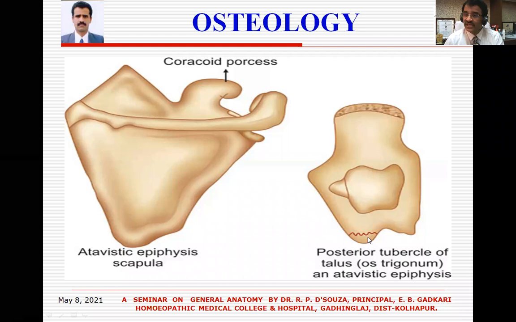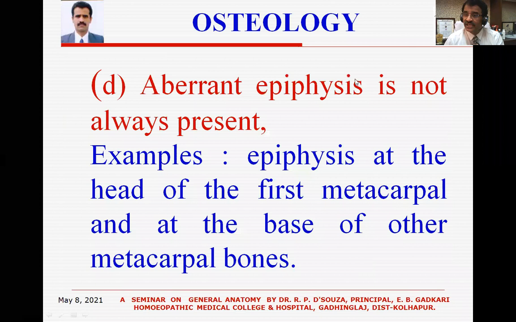This was actually a separate bone, but now it is getting fused with the talus. So it is called os trigonum, and it is also an atavistic epiphysis. These two examples are very easy to understand. Okay. Now, what is the meaning of aberrant epiphysis? I told you there are 4 types of epiphysis. This last one.